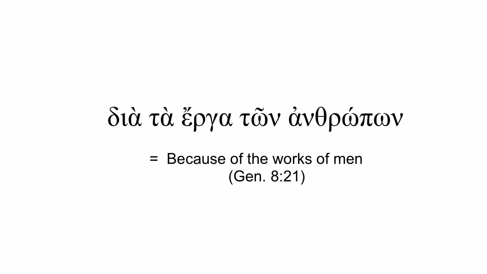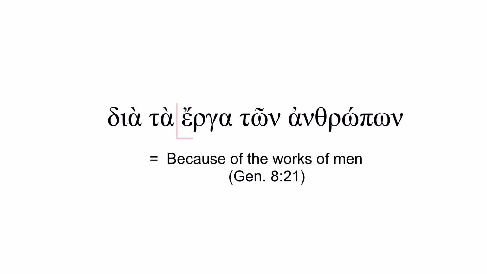Dia can mean because, or it can mean through. So in this case, you can say because of the works of the men. The word of there is coming due to the word anthropon being in the genitive. Remember, the genitive has the word of, so you have the translation because of the works of the men.